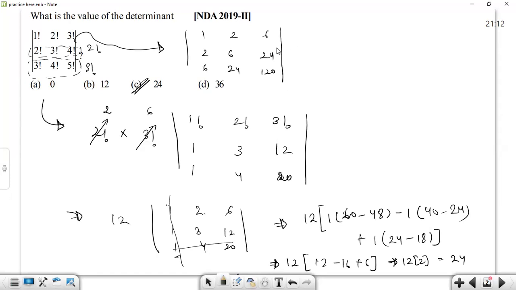Expanding this determinant would be harder because of the greater numbers. We would have to multiply larger numbers and subtract even larger numbers. That's why taking common helped us. Okay, is the question clear? Yes, sir.